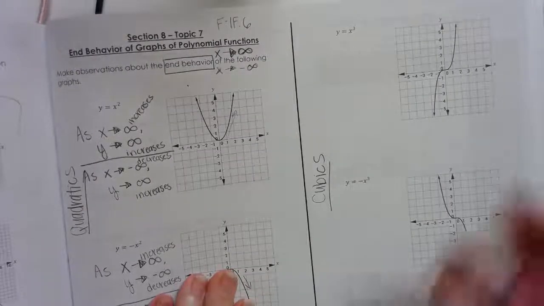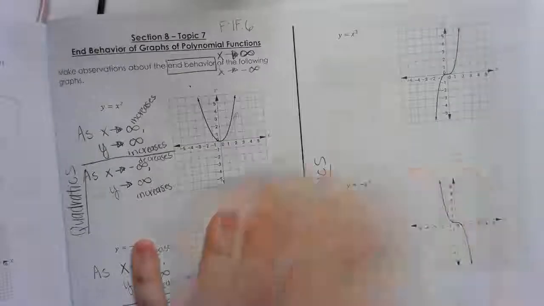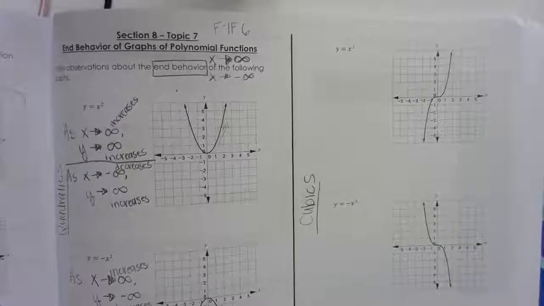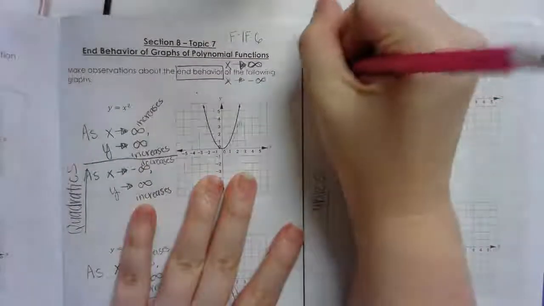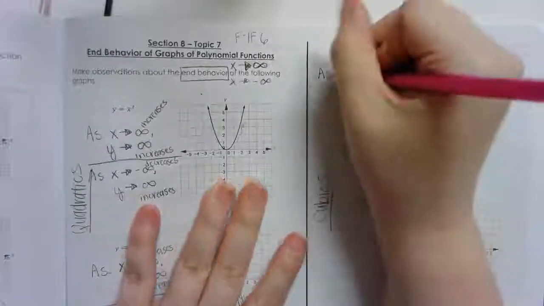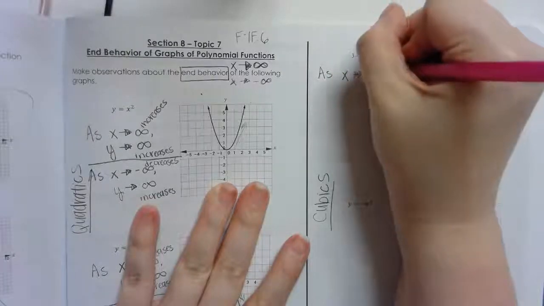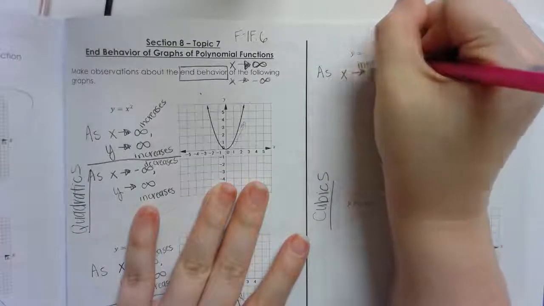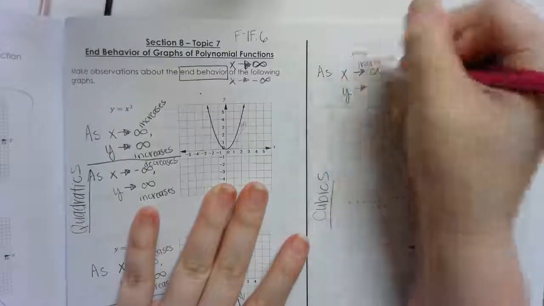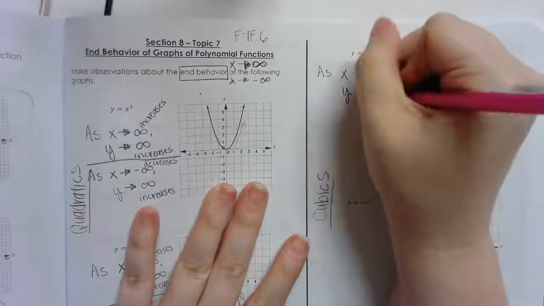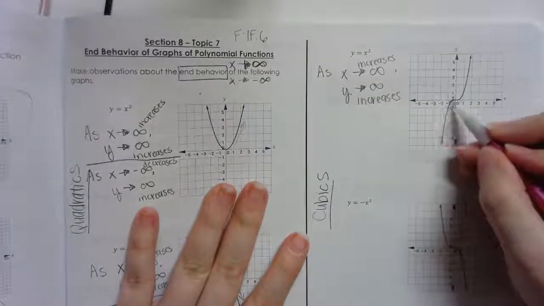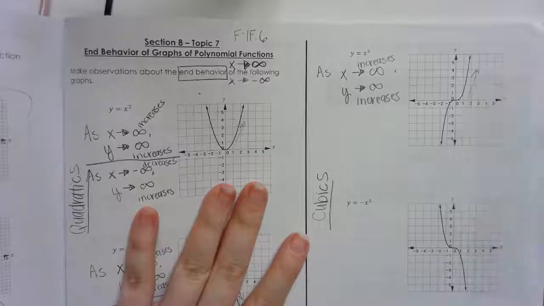So for these two, we're going to have a little bit different scenario over here. So over here, as x approaches infinity, y approaches infinity. So as x increases, y increases. And I get that from saying as x is going up from left to right, y is also going up.